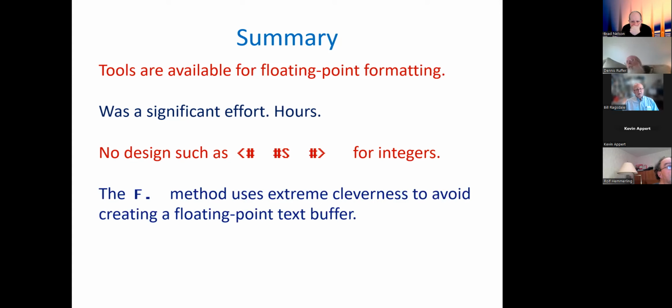And as a sidelight, the built-in F dot uses this clever buffer handling process to avoid creating the floating point text buffer. What I found out is in Win32Forth, there's a user variable called pad, and pad to the left is used for output number formatting. Pad to the right is a buffer of about, I think it's 250 bytes up to the right, and it's unused.